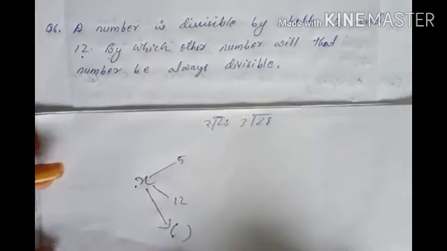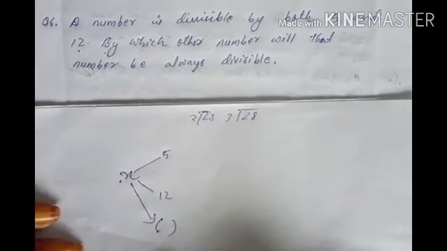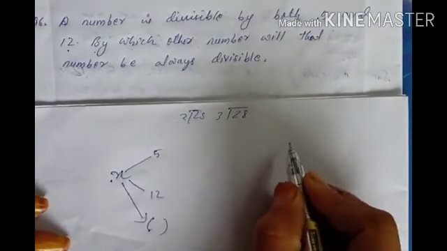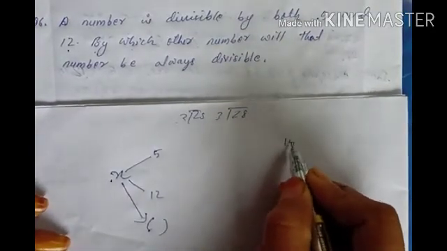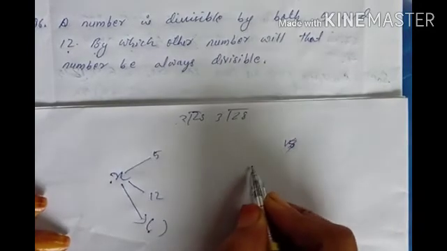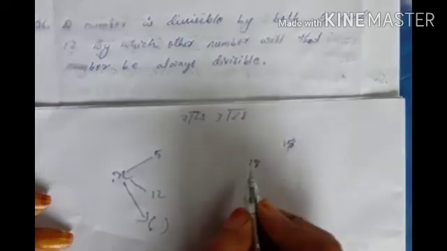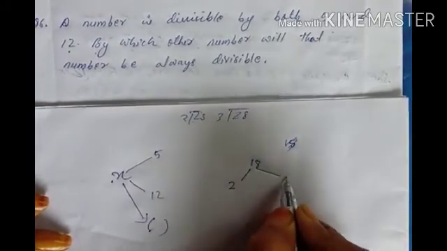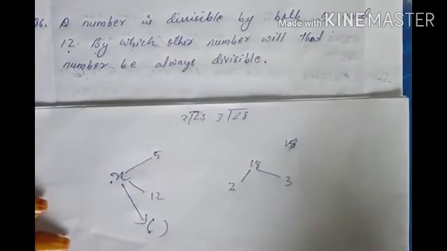Now I will explain. I will give another example, because in our divisibility tests we have done this. Suppose there is one number, 18. Now you can see 18 is divisible by 2 and also by 3.